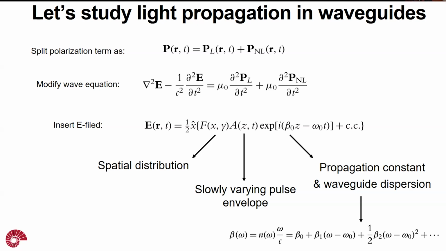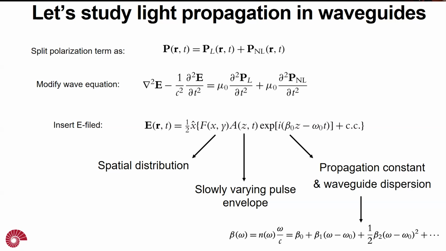What will happen then? You need to consider only the temporal change, not the spatial change, because there's nothing to change. So you can write the E field in terms of an expansion, and you can have this spatial distribution. You can have this slowly varying pulse envelope A, which we will be using in a couple of minutes, and you need to also consider the propagation constant, which also defines the wavelength dispersion.